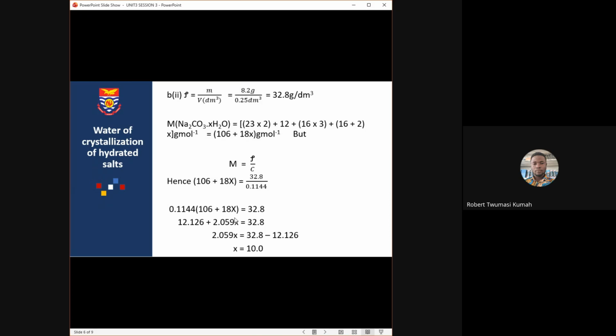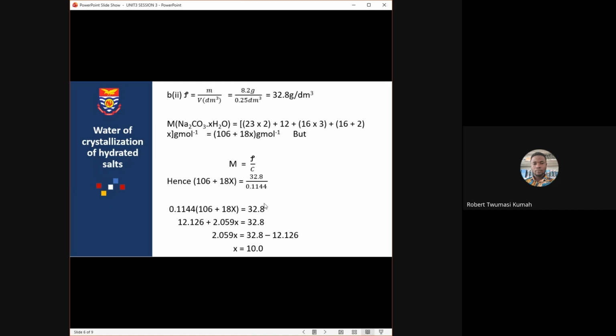When we work this out, it gives us 10. So it means that the number of molecules of water of crystallization is 10.